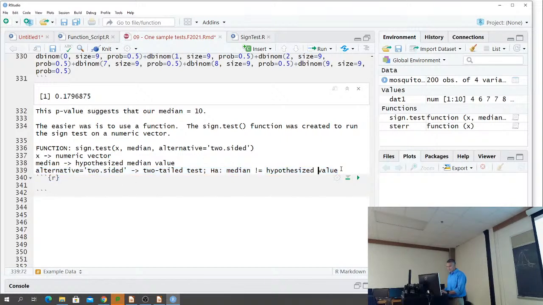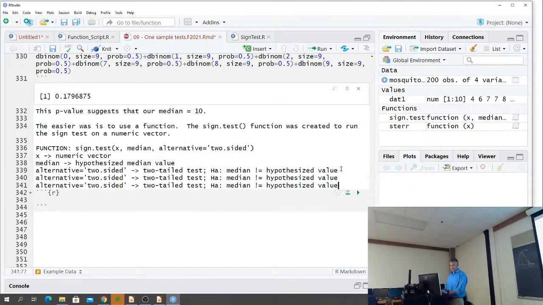And then we've got these other ones where alternative equals less. So our median now we're saying is less than the hypothesized value. And if we use alternative equals greater, then we're saying that our median is greater than that hypothesized value. And both of these are one-tailed tests.